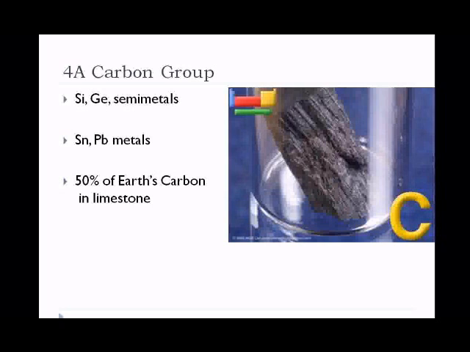We see 50% of the Earth's carbon present in limestone, and silicon is in glass and in sand and used to make glass. Silicon was also used to make microprocessors in computers.